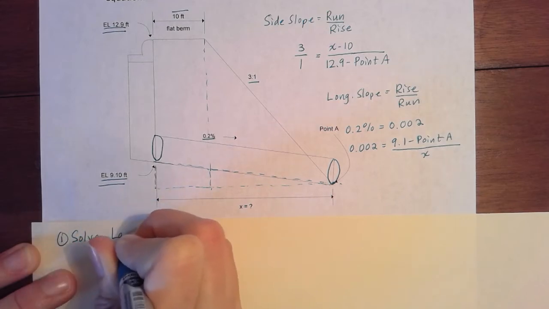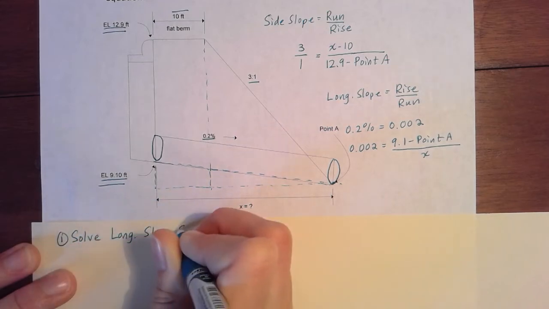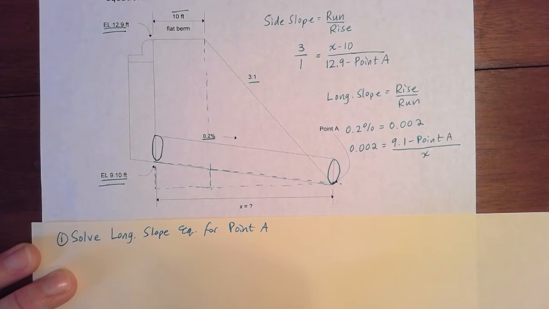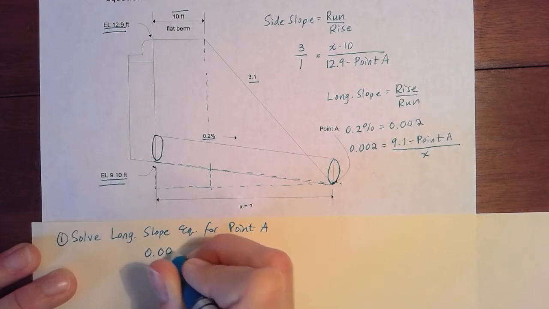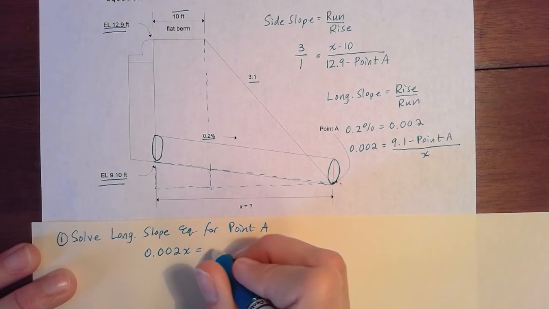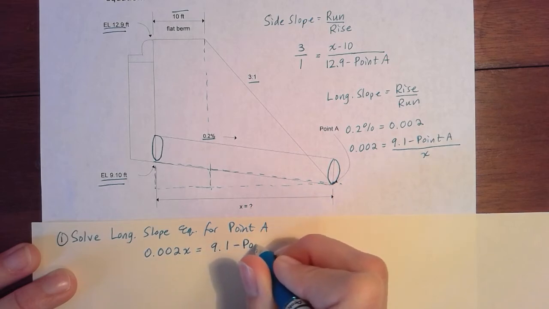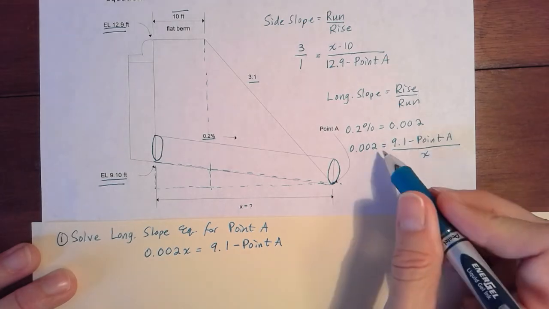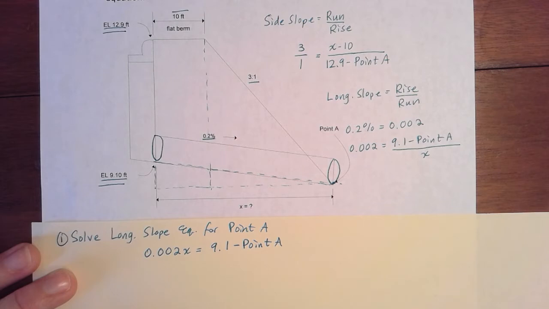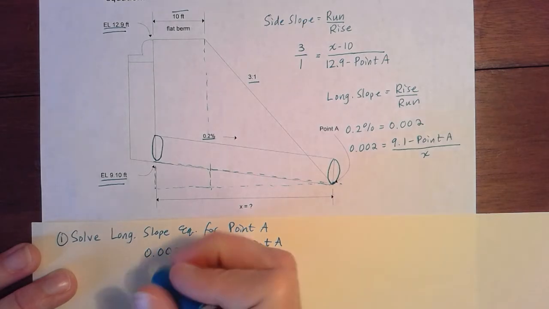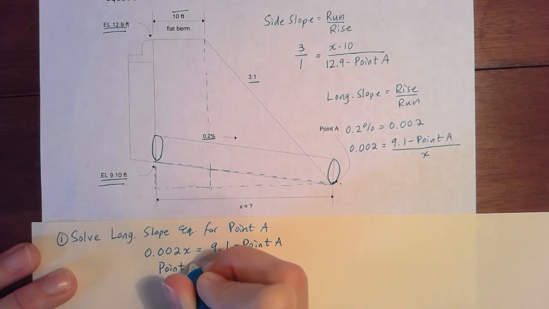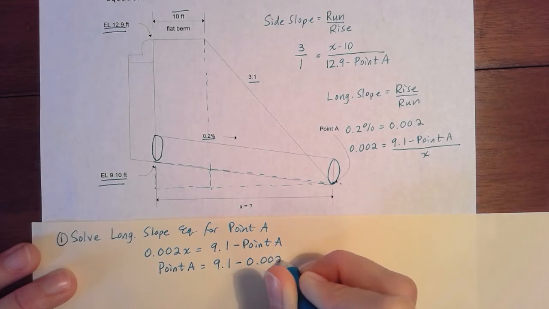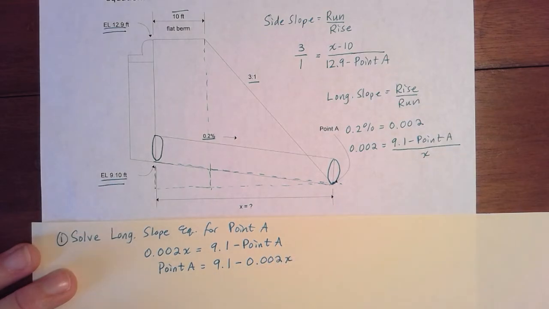I'll solve that longitudinal slope equation for point A. So remember, we had the 0.002x is equal to 9.1 minus point A, and I got that just by bringing that x and multiplying it by both sides. So it goes away here and it becomes 0.002x. And now I want to solve it for point A, so I'll bring point A to the other side to make it positive. And then I'll set that equal to 9.1 minus 0.002x. So now I've solved that equation for point A.